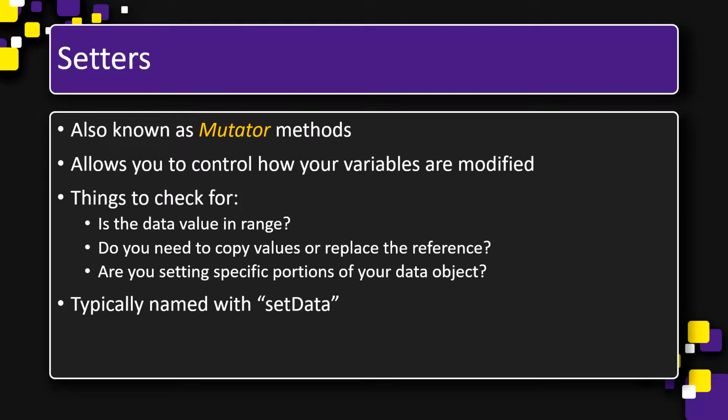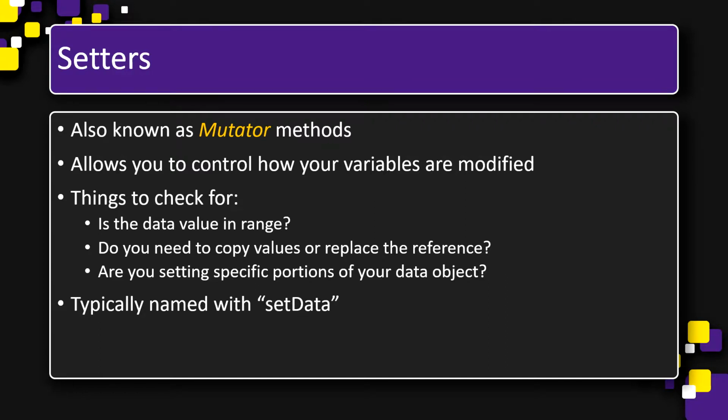With a setter, this is also known as a mutator method because we're mutating the data. And it allows you to control how your variables are modified. So it allows you to check for things like, is the data value within range? Do you need to copy the value or do you need to replace the reference to the value? So this is important when you're doing things like modifying an object because remember, the name of an object really is a pointer to the reference of the object itself.